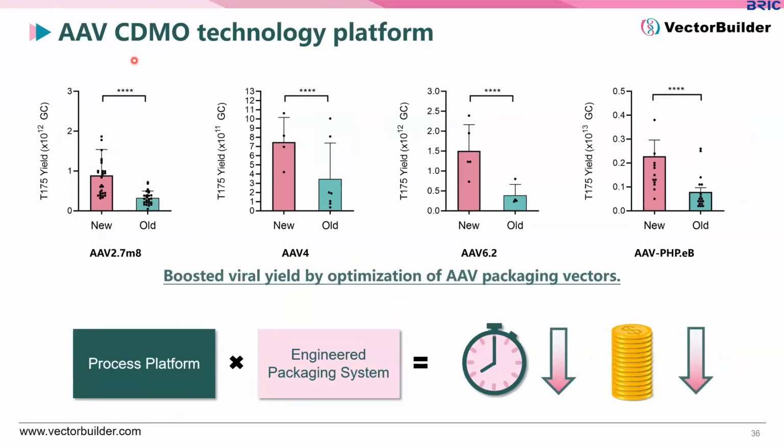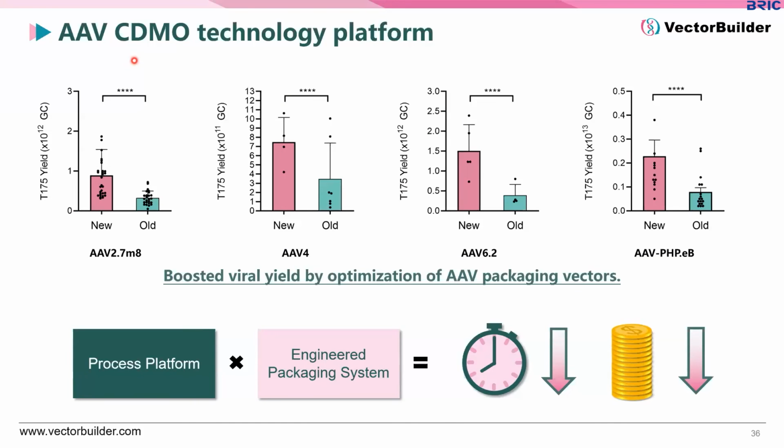But of course, this is not just that, because we have extensive experience dealing with AAV vectors from research grade to GMP grade. We never stop optimizing our AAV packaging system. We have engineered a lot of different versions of our AAV packaging vectors.